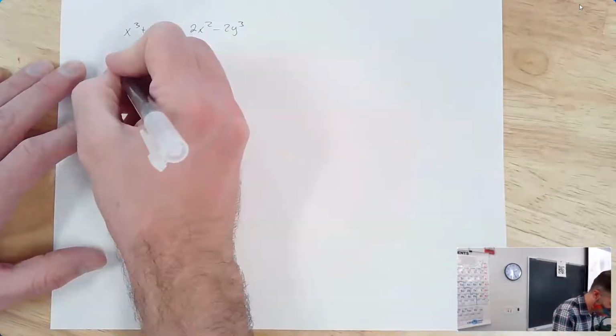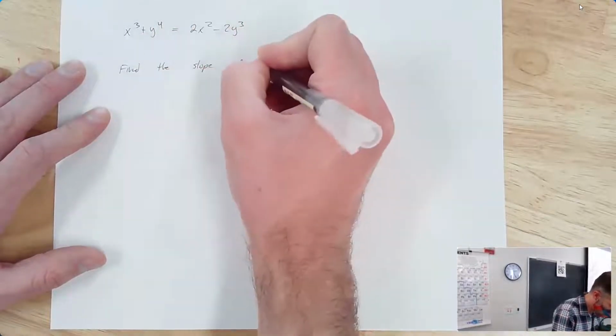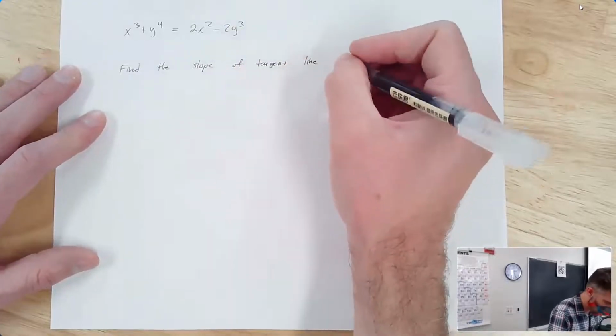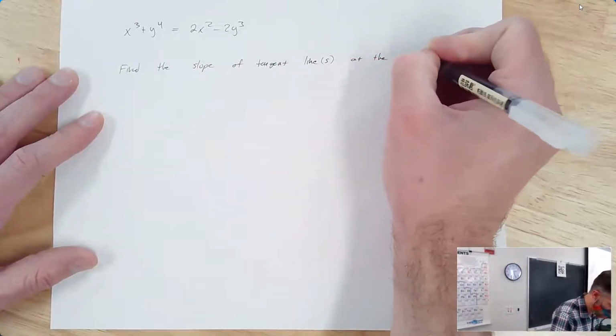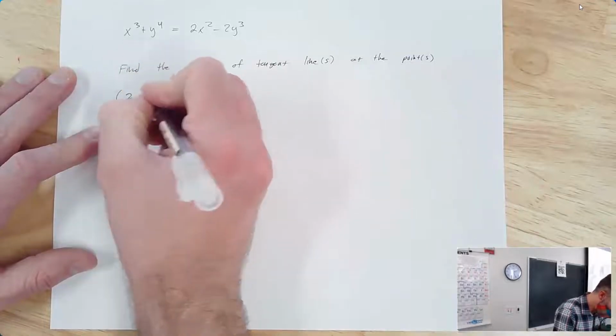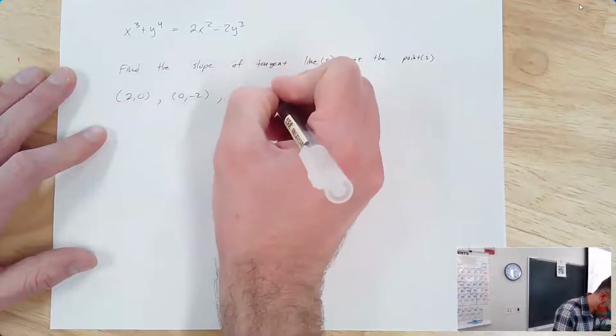And we want to find the slope of the tangent line, well, respective tangent lines at the points 2, 0, 0, negative 2, and 2, negative 2.